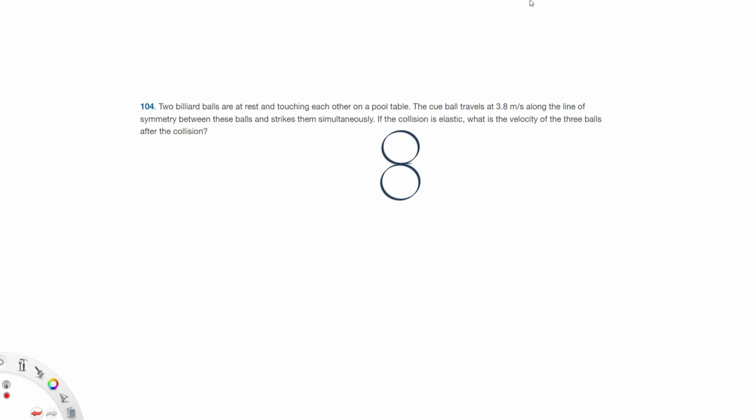We have a third ball, the cue ball, which for some reason is much larger than the other balls, but we'll go with it for the moment. It strikes both balls at the same time.